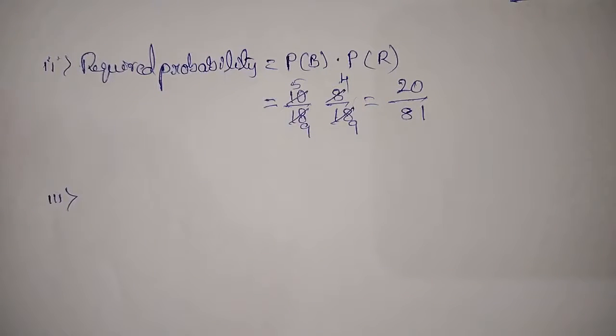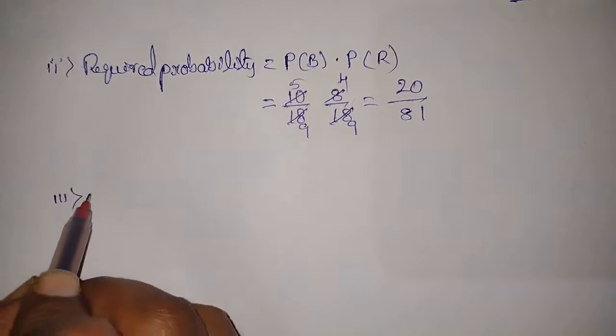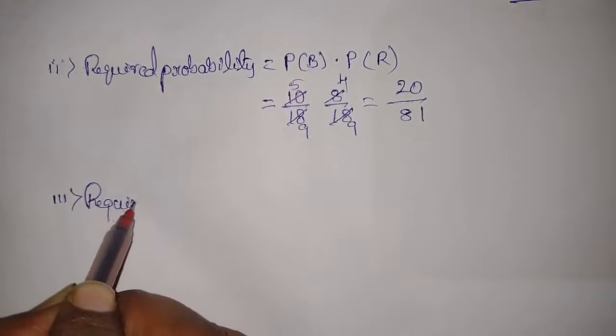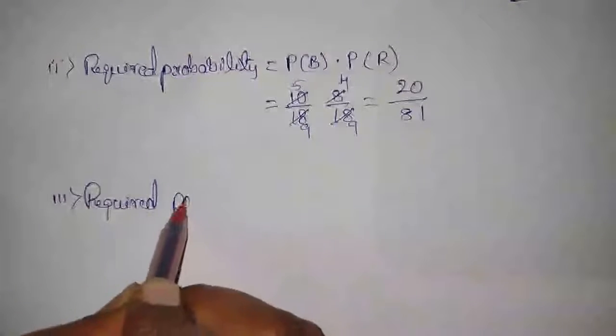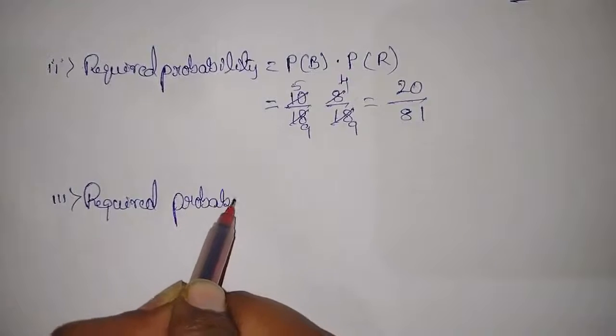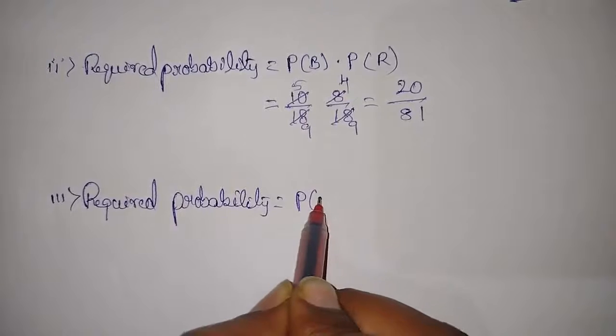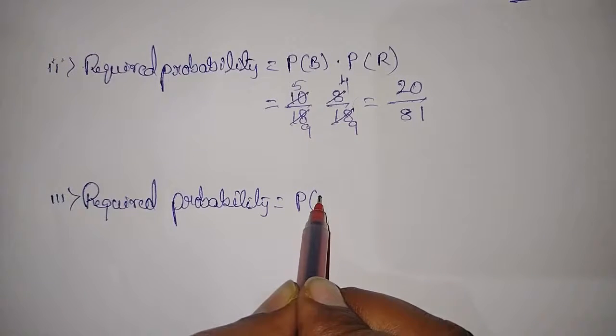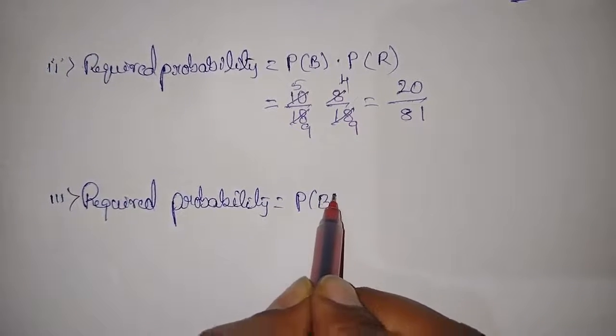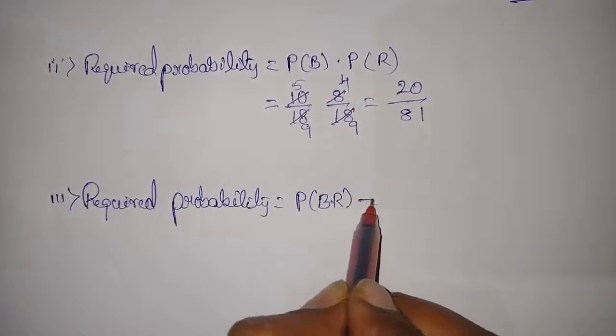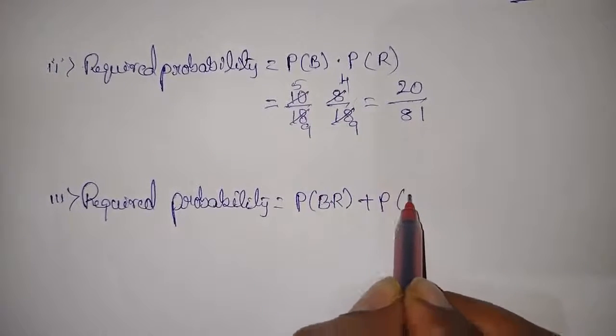And the third one is like this: one of them is a black and the other is a red. How to write this solution is very simple. The required probability is P of one of them black and the other red, which can be written as P of BR plus P of RB.